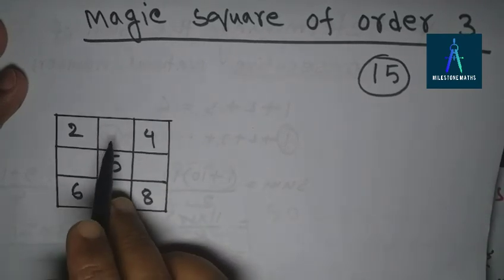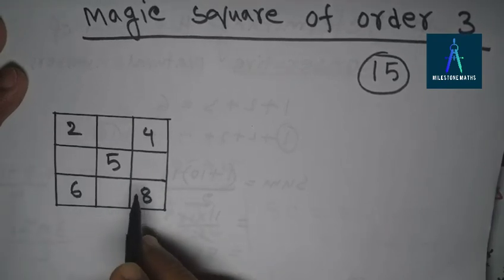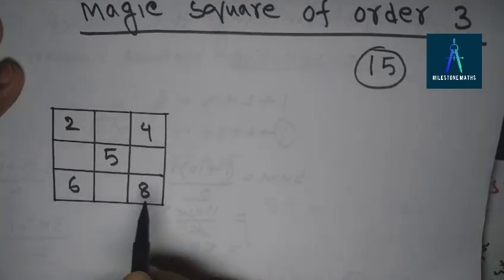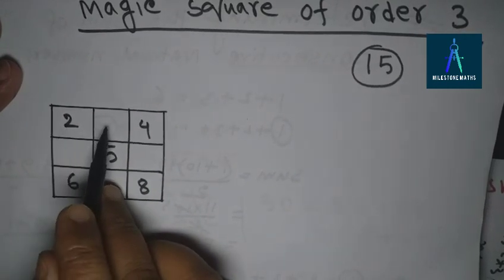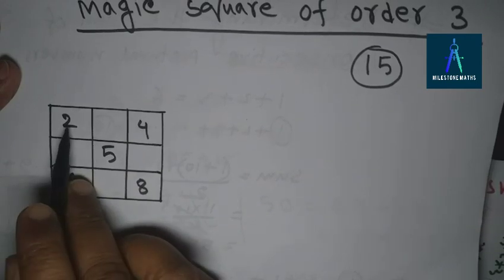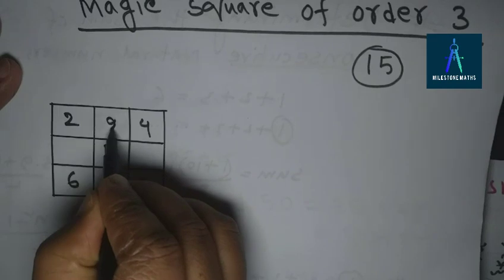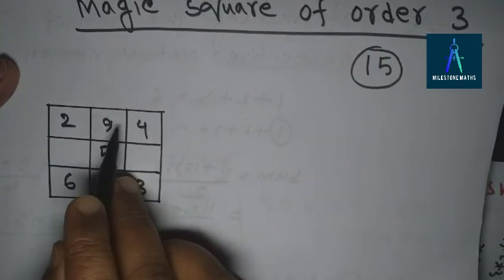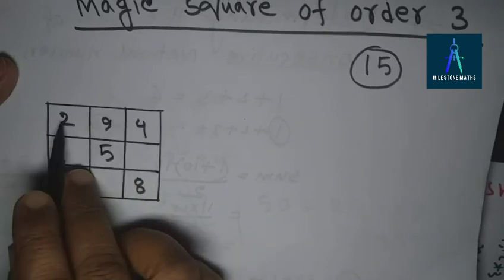Now we will make the other lengthwise and breadthwise lines, we will put the numbers here. So here 4 plus 2 is 6. Which number will I put here to make it 15? 4 plus 2 is 6, so we need here 9. So now if we add 9 plus 4 is 13 plus 2 is 15.